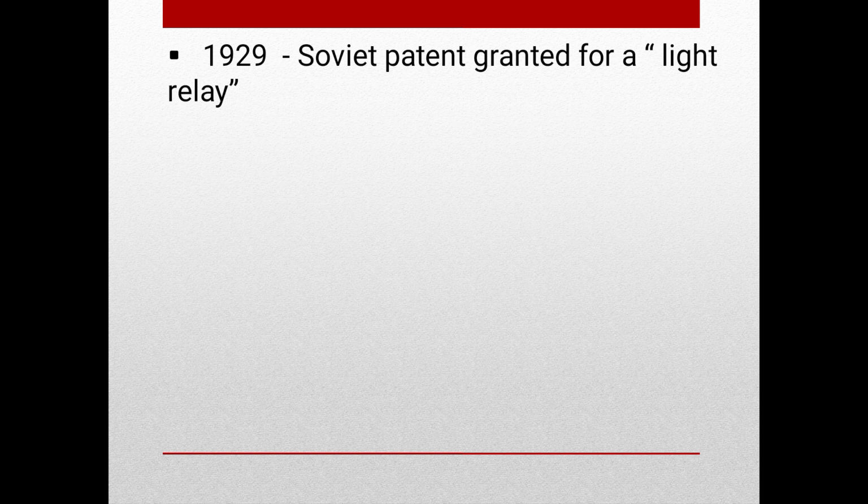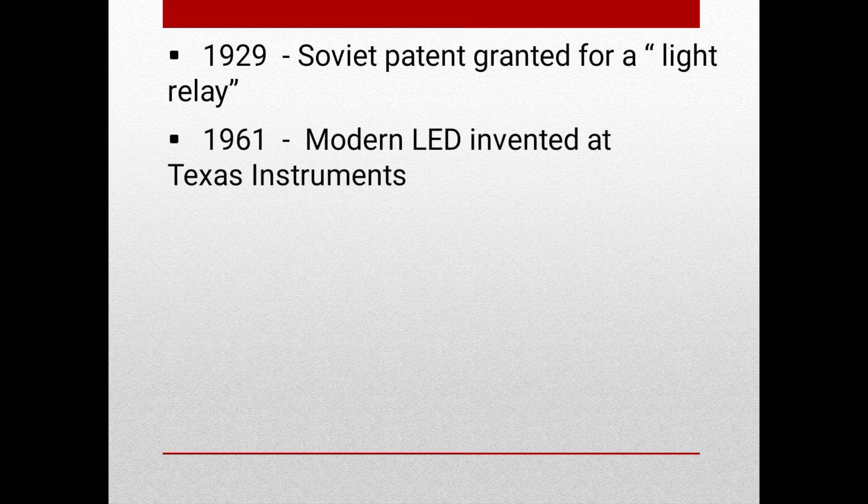When light falls on the other circuit, it will actuate the other device. In 1929 itself, he got a patent on light relays. It was the first thing awarded, and after that, in 1961 to 1962, the modern LED that we are using was invented by Texas Instruments, especially by Nick.